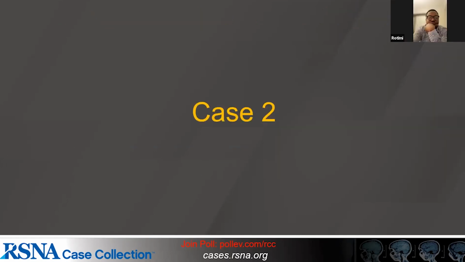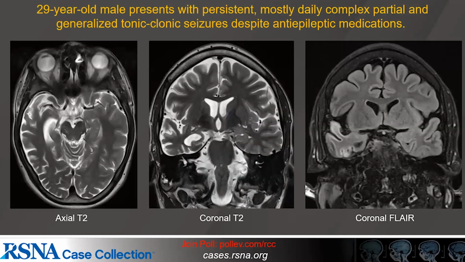Next. Case number 2. This is a 29-year-old male presenting with seizures despite being on anti-epileptic medication. Here we have axial T2 and coronal T2 and FLAIR images of the brain. Next.